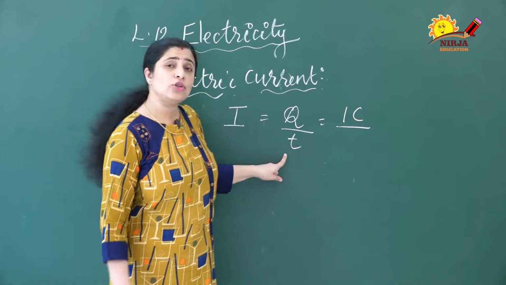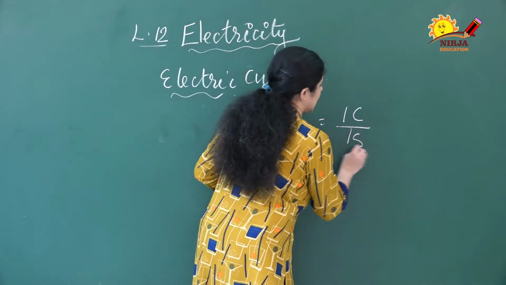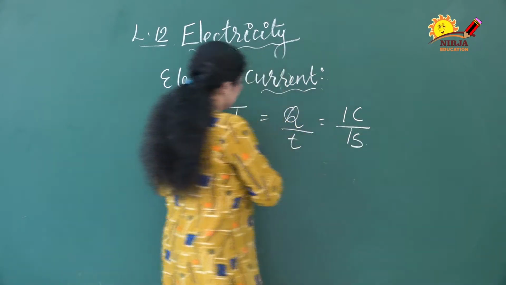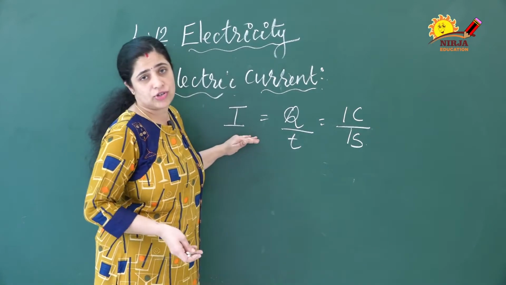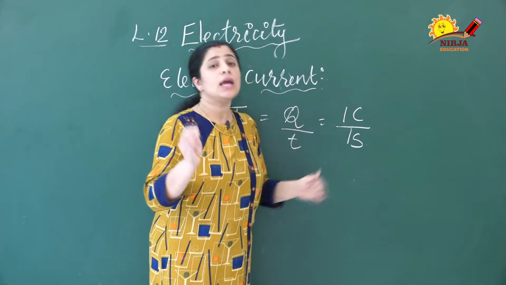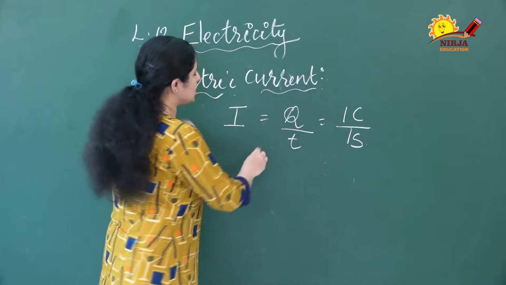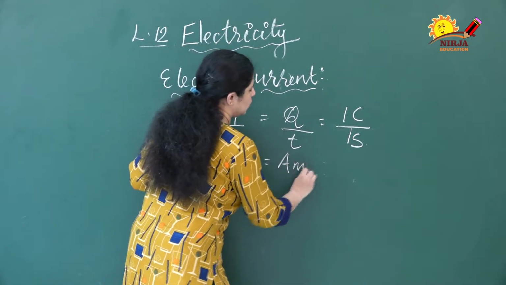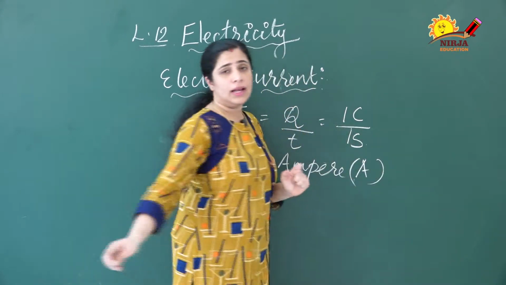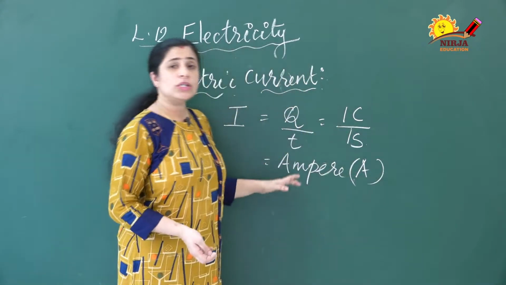The SI unit of time is second. So coulomb per second is the unit for electric current. This is known as ampere, and it is represented by capital A. So all these are the units for current.